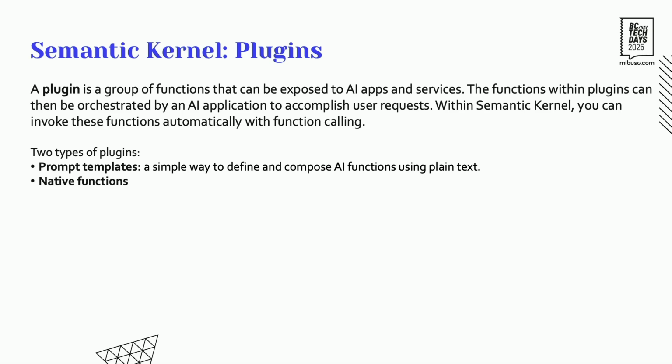Semantic Kernel supports two types of plugins. The first is what is called prompt templates. Prompt templates are the most simple way. You can define templates in plain text, and it is able to create a plugin automatically from the text. The second is native function. Native function means something that you define in code.